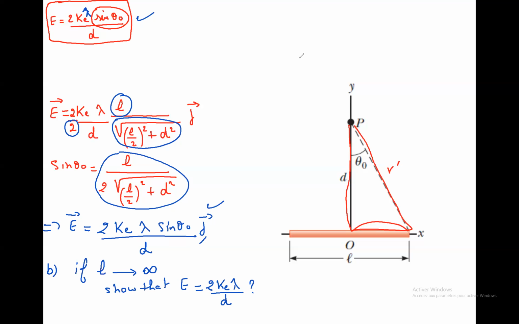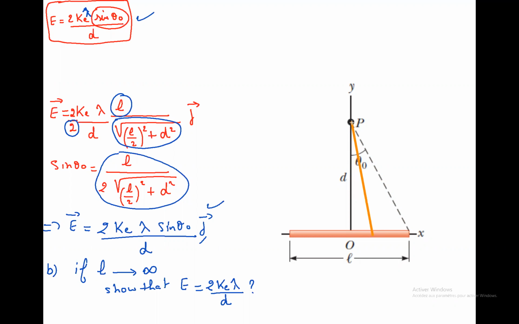You know that theta 0 is the angle between the vertical position and the extremity of the rod.